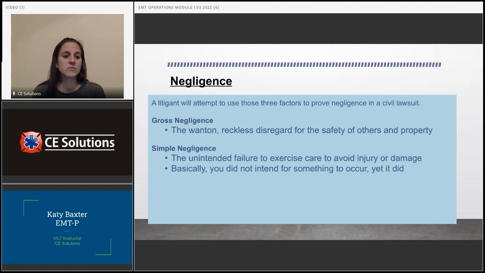A litigant will attempt to use those three factors to prove negligence in a civil lawsuit. There is gross negligence, which is reckless disregard for the safety of others and property. And simple negligence. You didn't mean for it to happen, but it still did. Something still occurred.